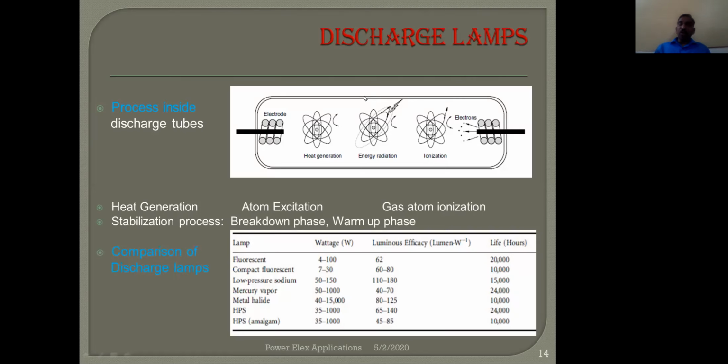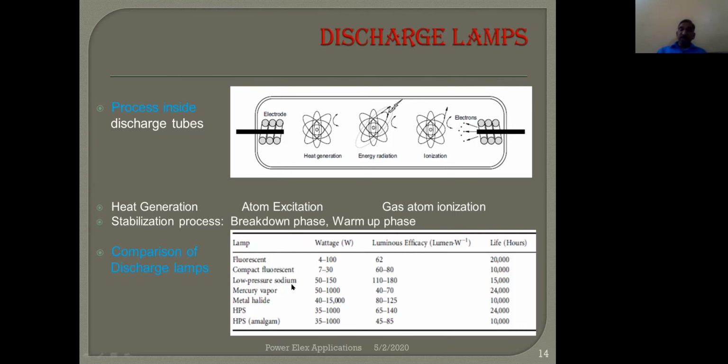If I check all discharge lamps, their wattages, their lives, and their lumen versus wattage, means efficacy, then fluorescent tubes are available right from 4 watt to 100 watt with 20,000 hours life, means almost a year, considering we use these lamps for 6 or 7 hours a day.